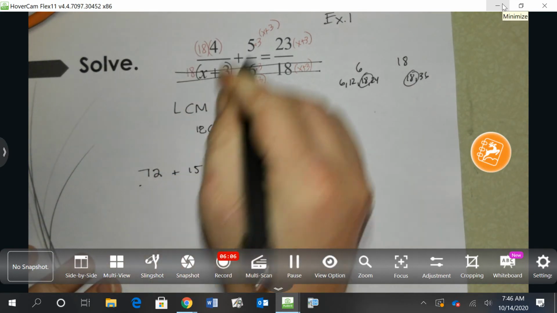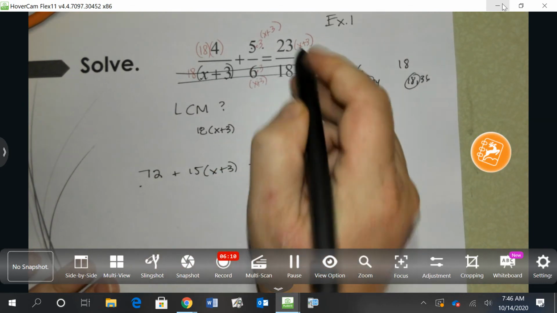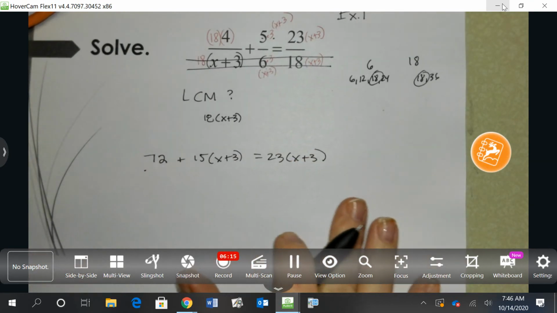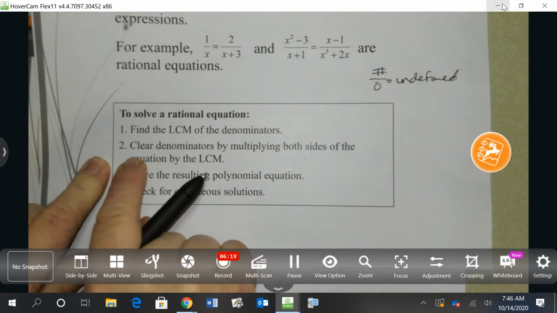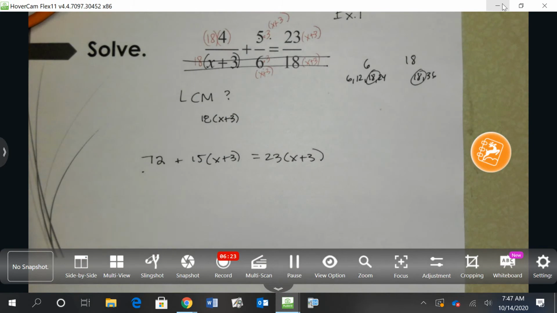Then I have 5 times 3 is 15 times the quantity x plus 3, and I have 23 times the quantity x plus 3. So right now, I've found the LCM, I've cleared the denominators, and now I'm going to solve the resulting polynomial equation.